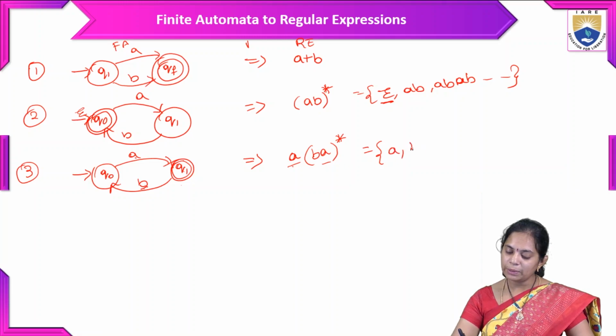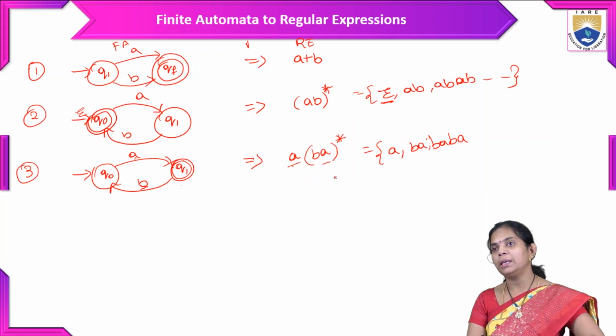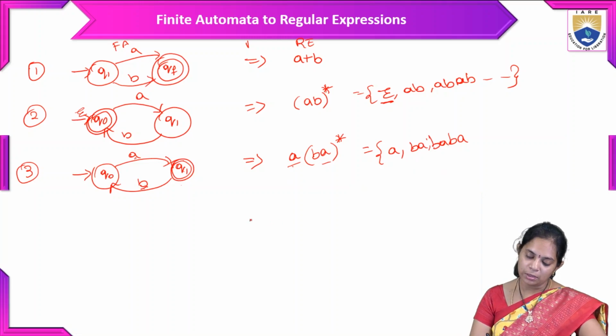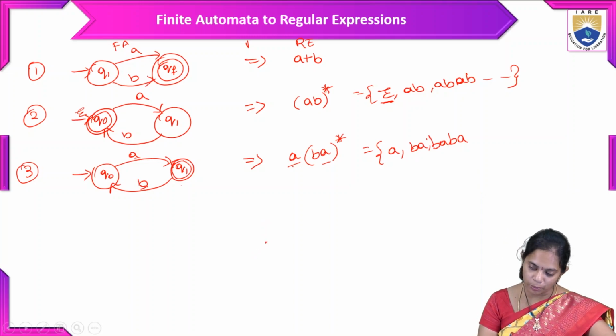And also however many BAs there are, we need to write them as BA and BA like that. So we can satisfy this with the regular expression. B is followed by A now, and it is reaching the final state, for example BA, and with the A input symbol. So this is about the third example of finite automata.